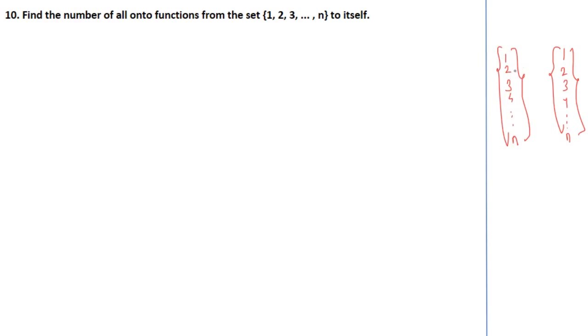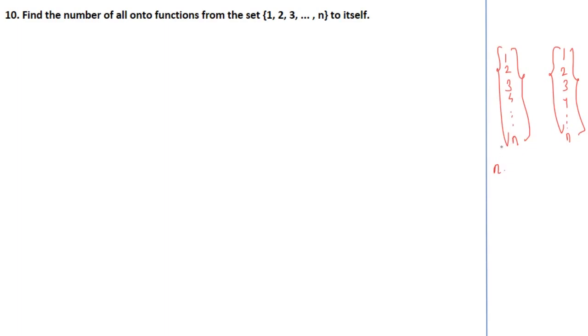So once again, let us assume any one element from this domain to be related to any one of this. Okay, so like this there are n possibilities for each of the n elements to line up, to be related to the codomain.